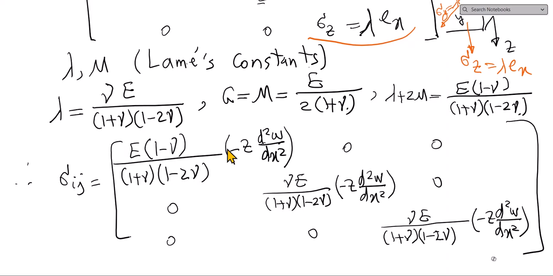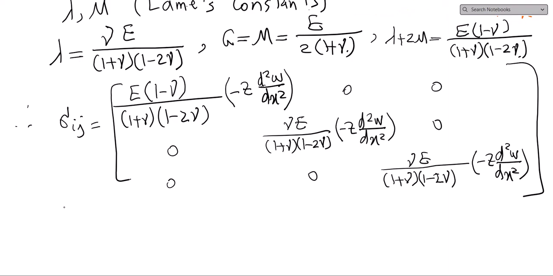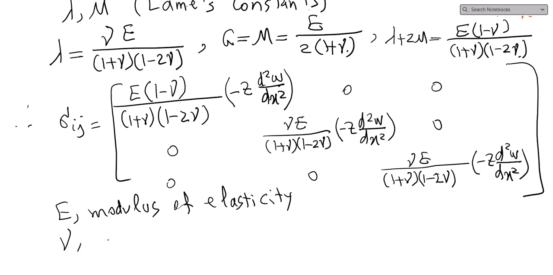Now, as I said, E is the modulus of elasticity, or Young's modulus, a material constant. And mu is Poisson's ratio, basically the ratio of strain in the perpendicular direction.